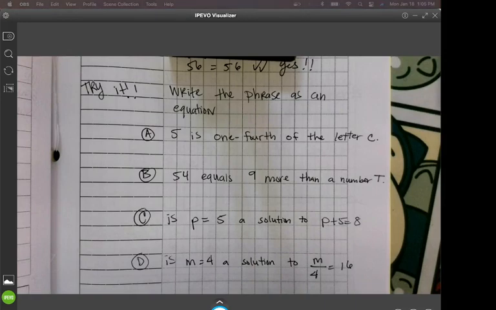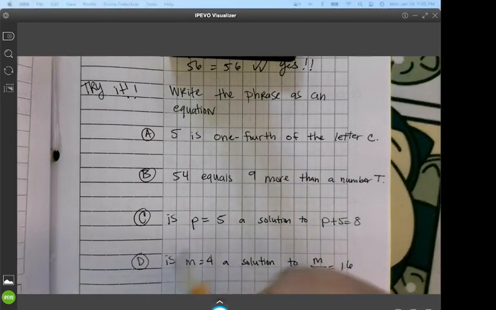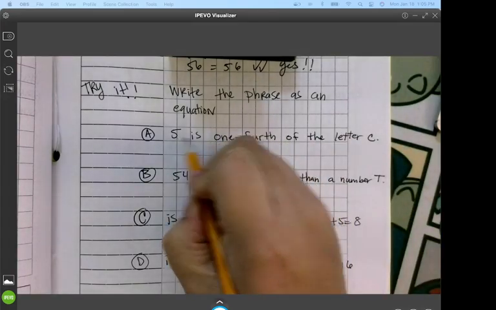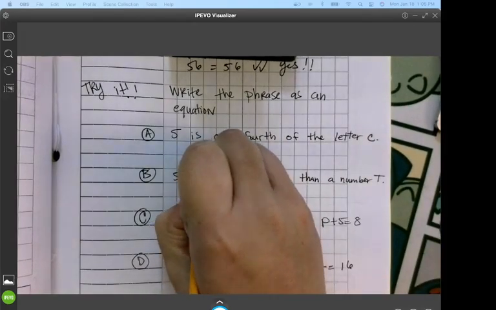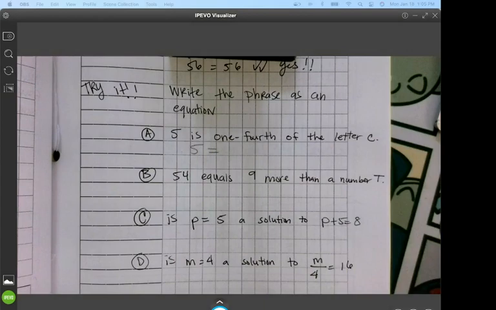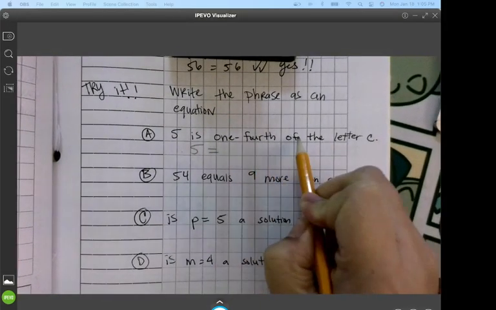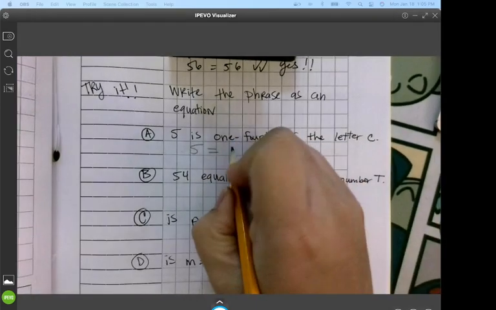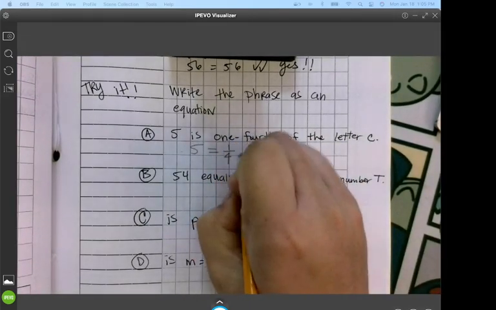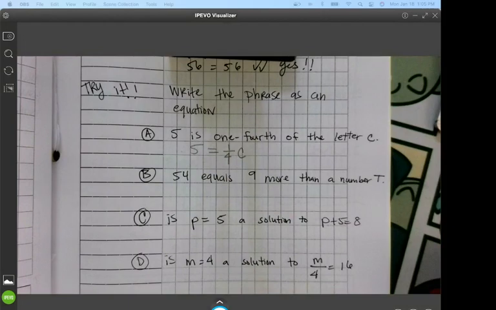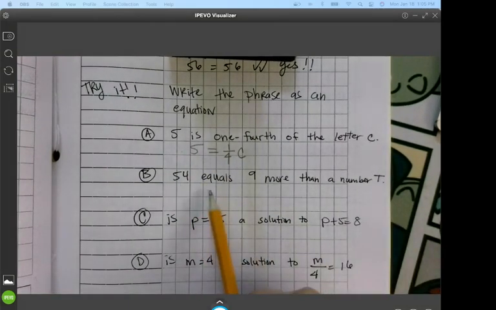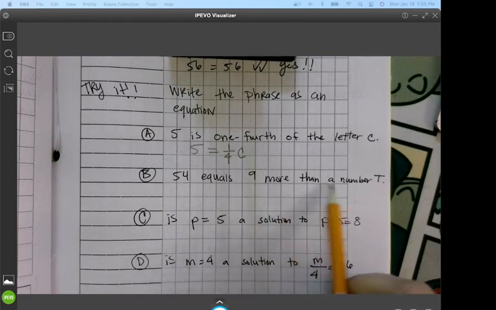Write that as an equation. 5 is 1/4 of the letter C. So 5 equals 1/4 of C. We remember that of means multiply, so 1/4 times c.